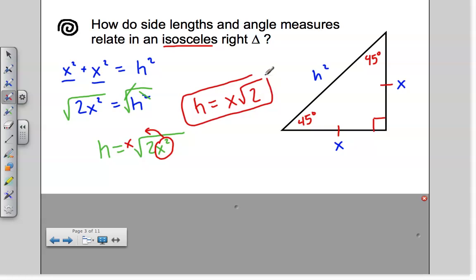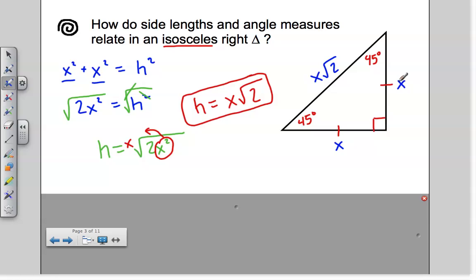This can be an expression then for the hypotenuse instead of calling it just h for hypotenuse. Sorry, I don't know why I had that squared on there. Instead of just calling it h, well, if these are x, it looks like the hypotenuse is just whatever this side length is, whatever that x is, times square root of 2.